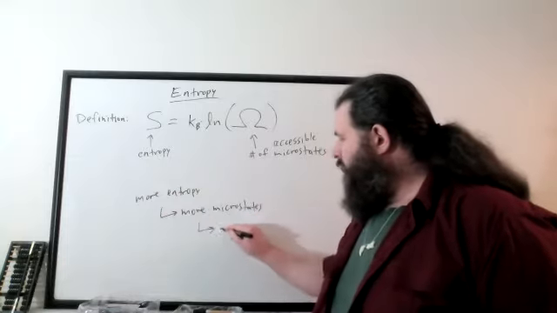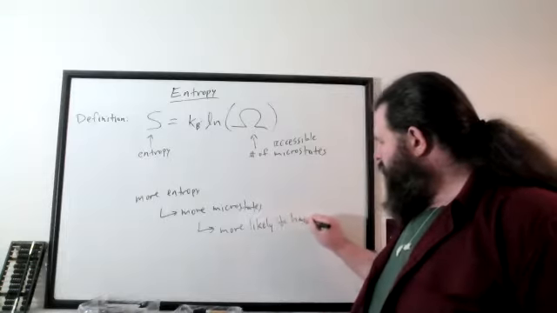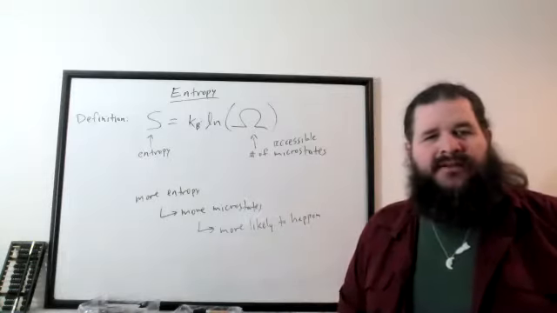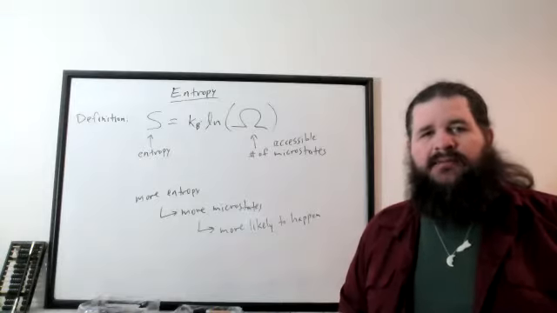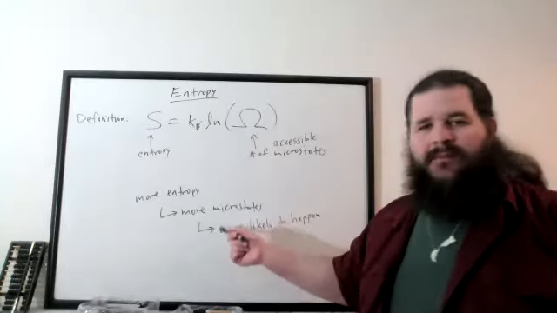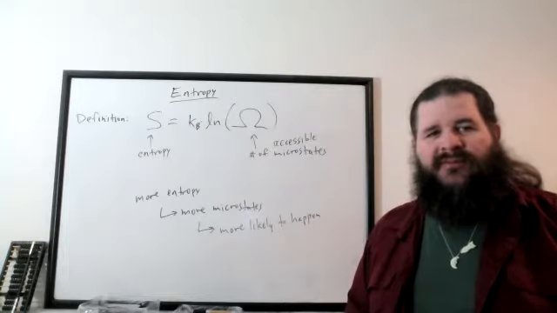And more microstates means more likely to happen, higher probability. So entropy is intrinsically tied to probability in this way. Higher entropy means that the system is currently arranged in a way that involves more microstates. That's more likely to happen because probability is proportional to the number of microstates.